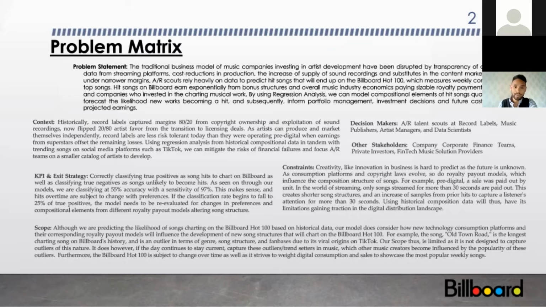The second point is the royalty payout models. If you listen to a song for 30 seconds now, that counts as a unit of sale. So for those two reasons, the nature of song structures is changing. And I wanted to provide some type of insight using data science to know what songs were going to be successful from a commercial standpoint. And so the scope of the project really does pertain to Billboard, but the way that we're assessing that is from MusicID and from Spotify.